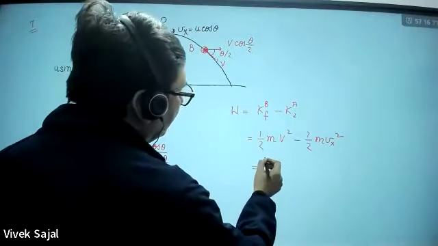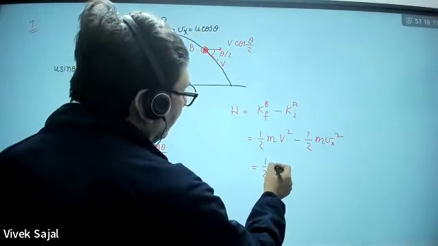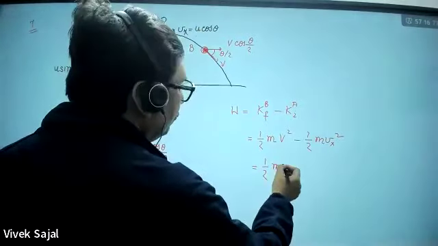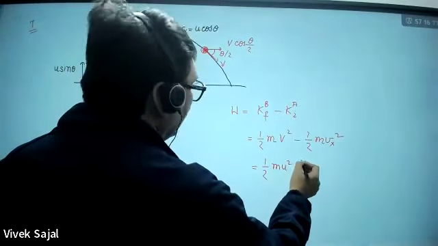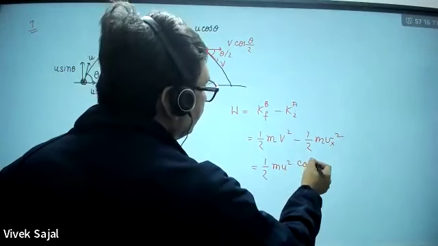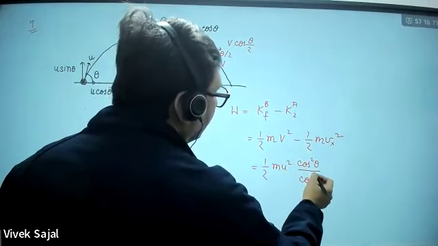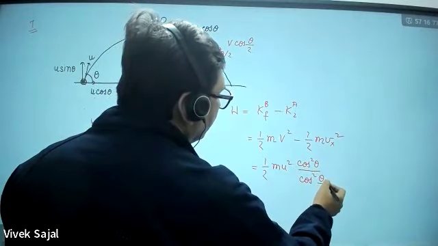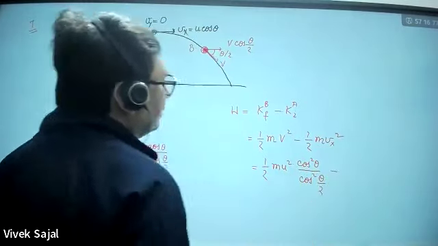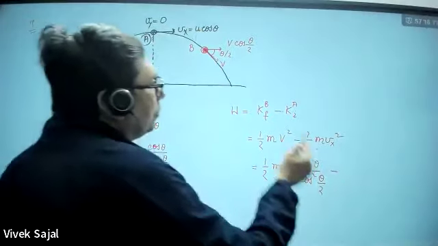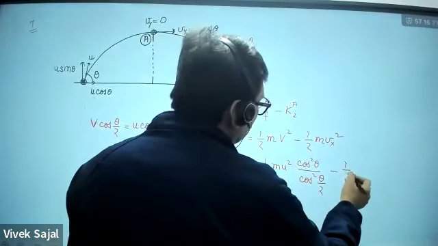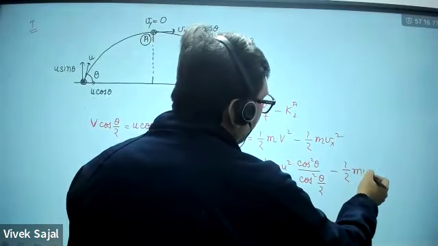So this will be 1 by 2 m U square cos square theta upon cos square theta by 2, minus, Vx is U cos theta, so 1 by 2 m U square cos square theta.